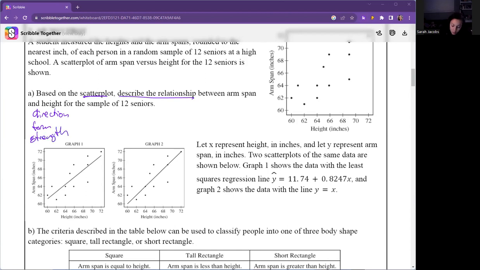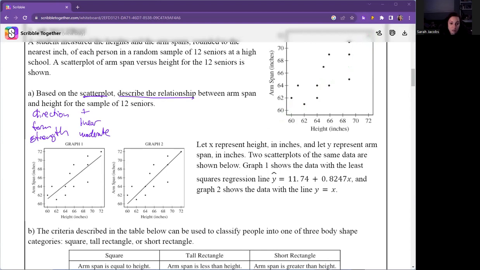So the direction here is positive. So your direction is going to be positive or negative. The form, it looks roughly linear. And remember, for our purposes, we're going to say linear or nonlinear. So we're going to say linear here. And strength, I would say that's moderately strong.